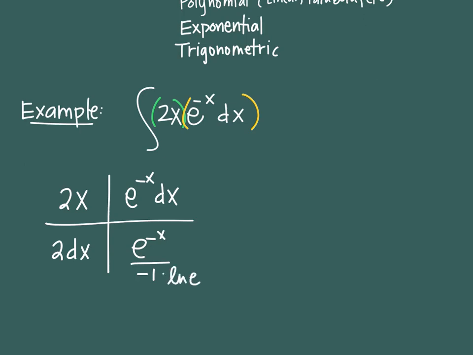The natural log of e is 1, and dividing by negative 1 is a little awkward, so it's nicer to write negative e to the negative x. If you want to put your plus c here, I'm not going to mark you off if you don't, as long as you remember to put it at the end of your problem.